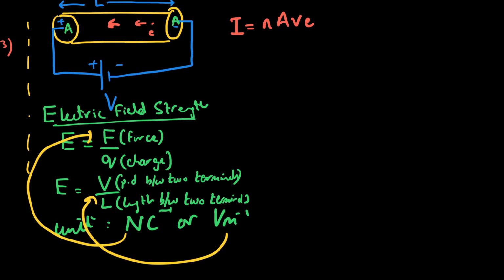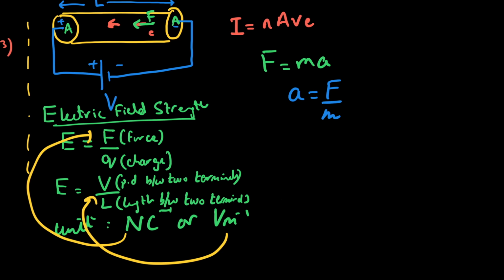Each electron moving in this direction is experiencing a force F. So I can say that F is mass into acceleration, where m is the mass of the electron and a is the acceleration. We can also say that this acceleration is force per unit mass. Should not be a problem.